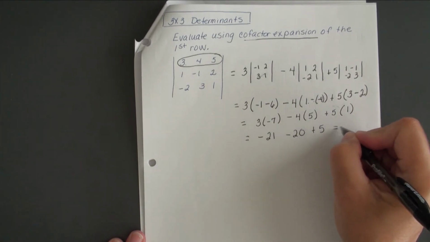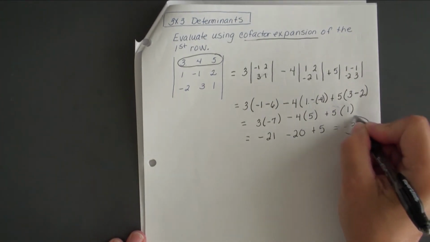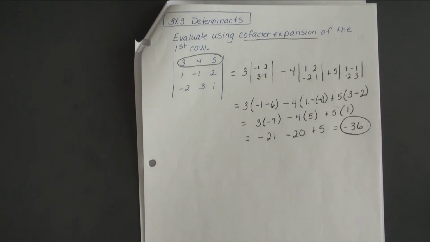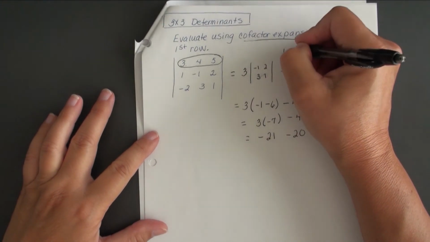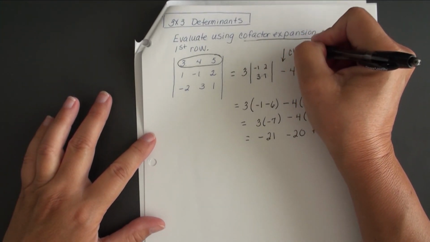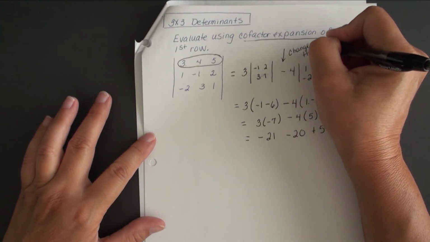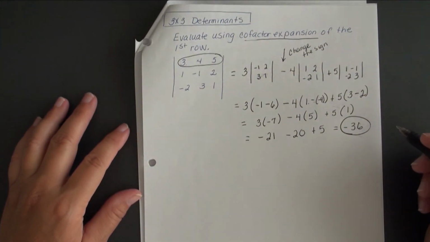And if you combine all those numbers, I believe you come up with a -36. So therefore, our solution to that 3 by 3 determinant is -36. Remember, though, that you must change the sign of the second number, or you will not get this answer correct.